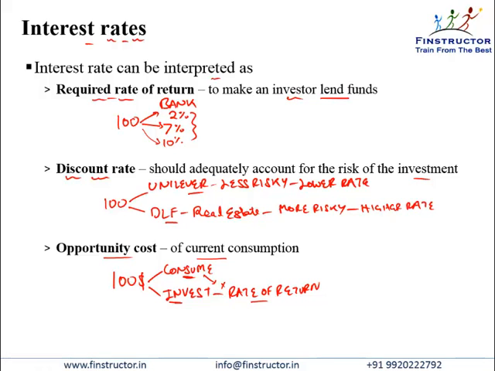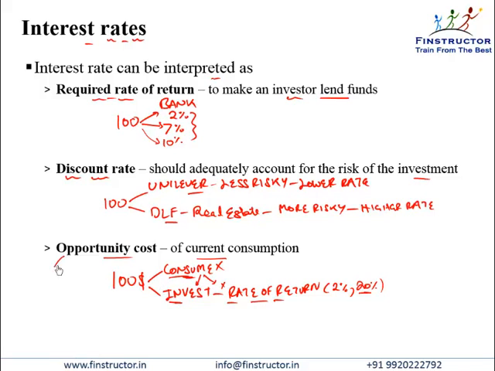Or in other words, opportunity cost is that minimum rate of return that needs to be offered so that the consumer gives up his consumption decision. If the rate of return is just 2%, I will not invest, I will rather consume and have a good life now. If the rate of return on the other hand is 20%, I may decide to give up my consumption and invest the funds at this rate of return.